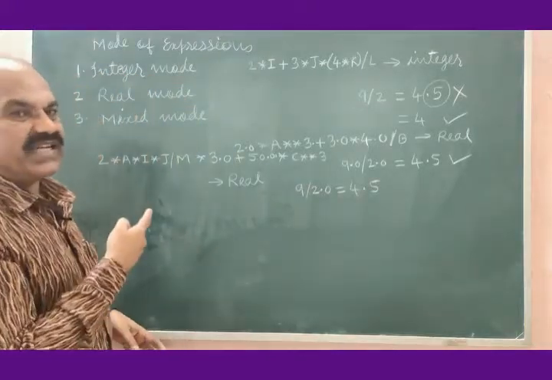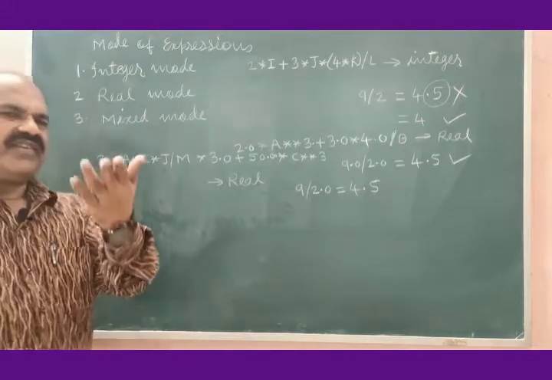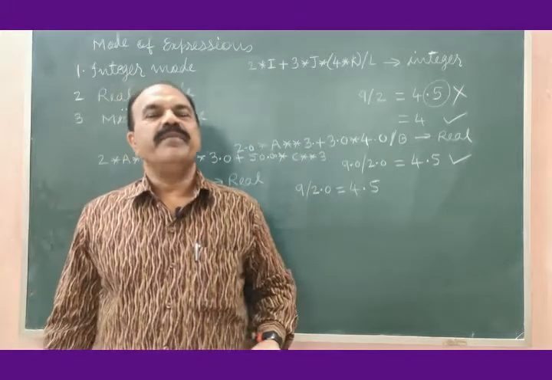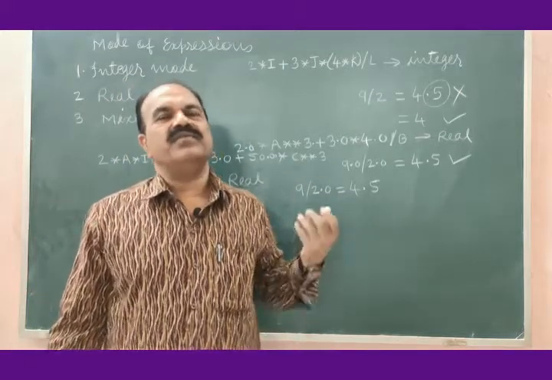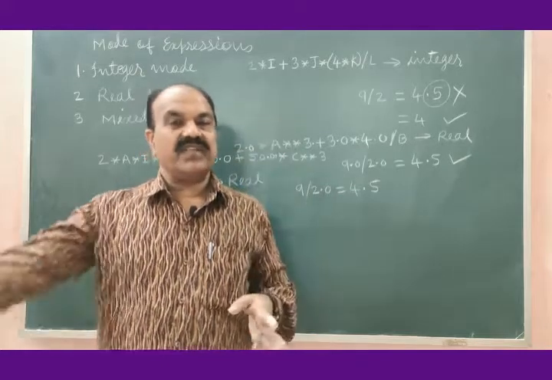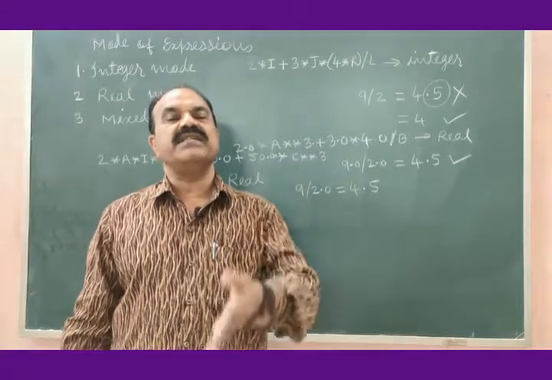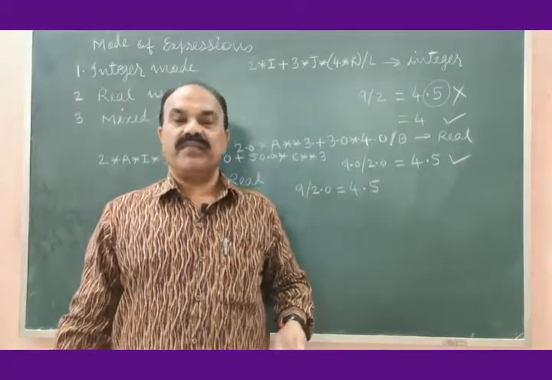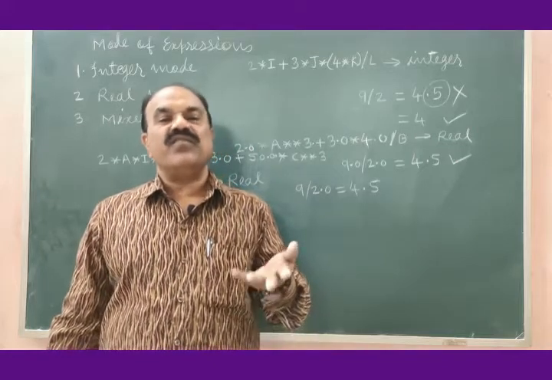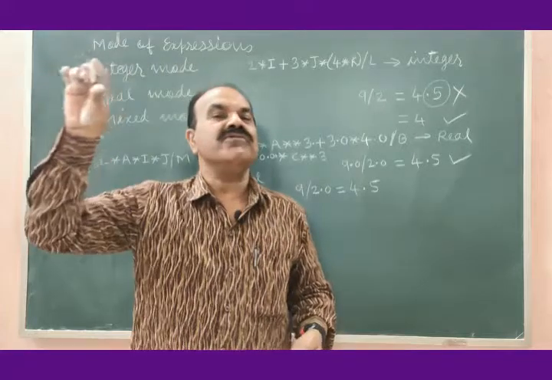The name of the second chapter we started is scientific programming. Actually, you have the syllabus, a PDF of the syllabus of this paper. We started the second chapter after completing the algorithm and flow chart. While starting the character set of Fortran, by mistake I wrote the name of the third chapter, control statements.